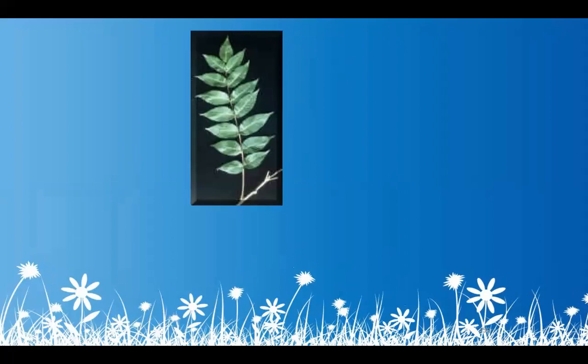So do you think this is a simple or compound leaf? How to determine? Okay, thanks for asking. First you have to determine where the stem is. So that would be the stem, which means that is the petiole, which means this whole thing is compound.